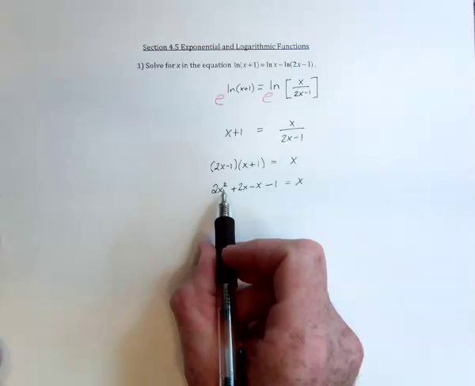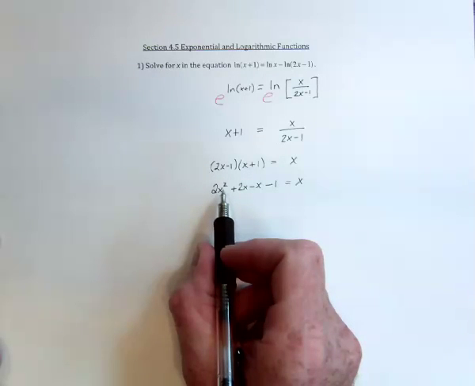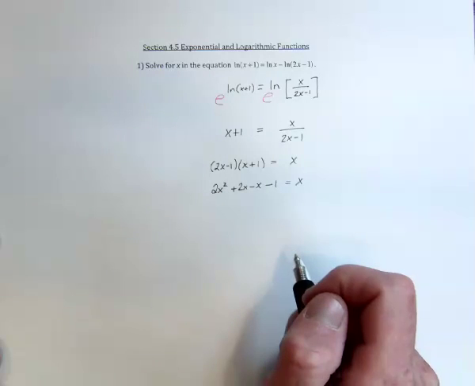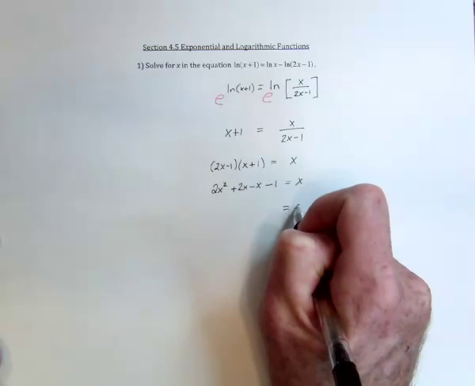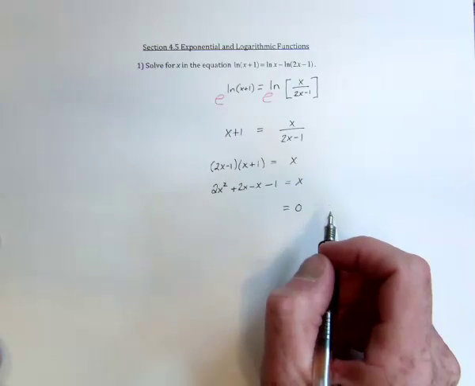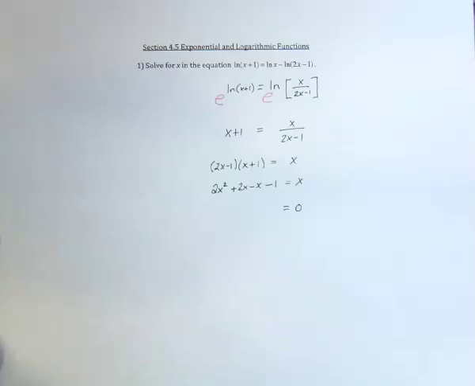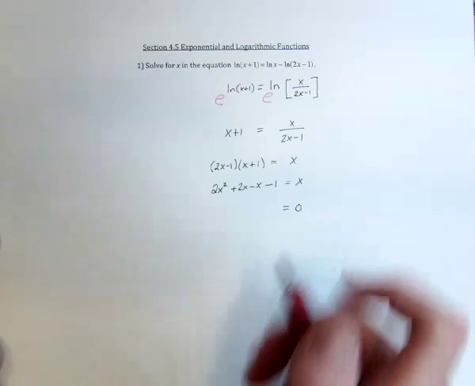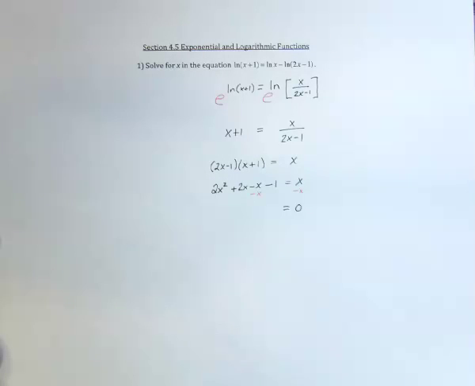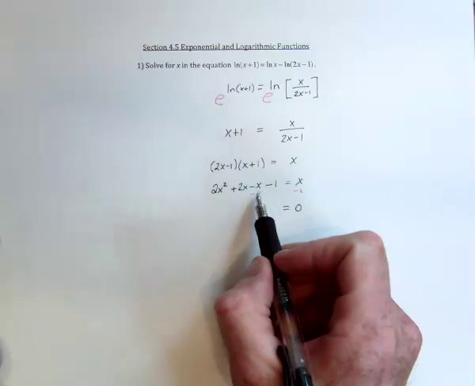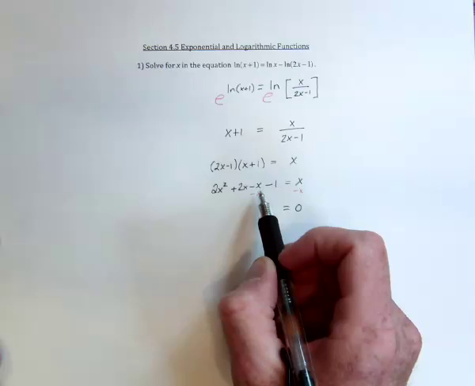Since this is quadratic, we'll probably end up using the quadratic formula, so everything needs to move to one side. So subtract x and set the right hand side equal to 0. So let's see, if we subtract x from both sides, then in here we would end up with negative 2x.